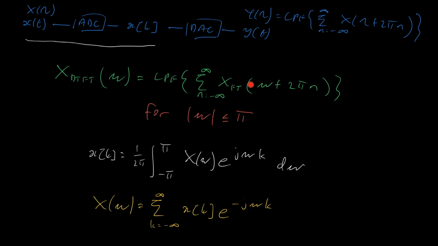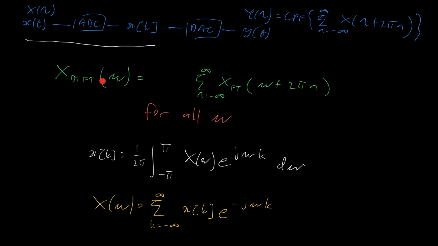However, the infinite sum here is periodic with period 2 pi, and because it gives us the correct answer for omega between minus pi to pi, and because it's periodic, then the infinite sum on its own must be what the discrete-time Fourier transform is equal to.